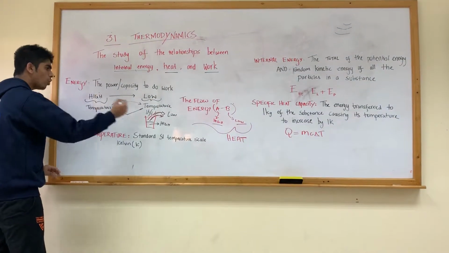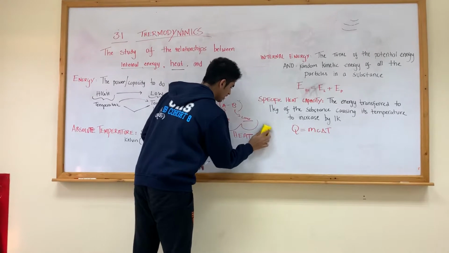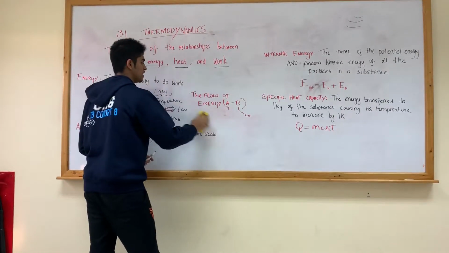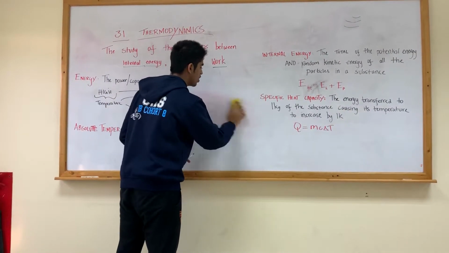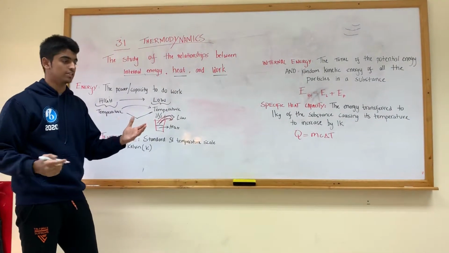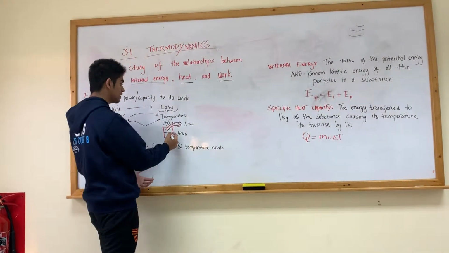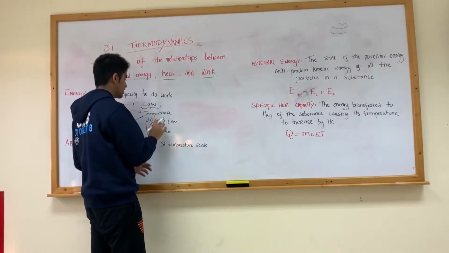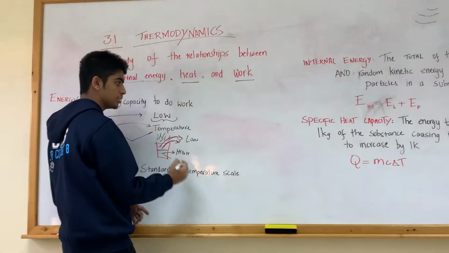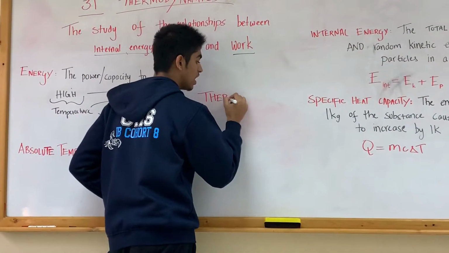Now, this flow of energy occurs in a very orderly manner, so as to balance out the energy between the colder and the hotter environment eventually. So when we achieve a state of balance of energy or temperature, when the temperatures of the hot and the cold substance equal out to have the same temperature, we reach a state of thermal equilibrium.